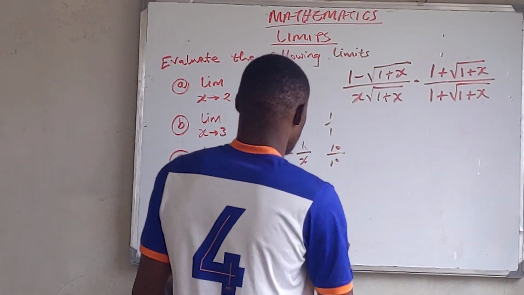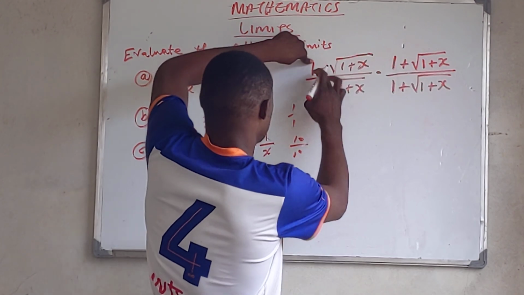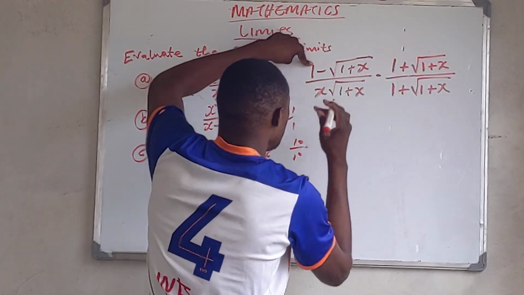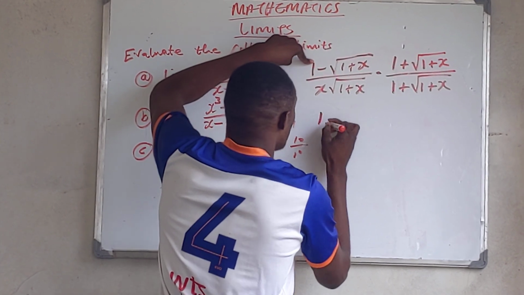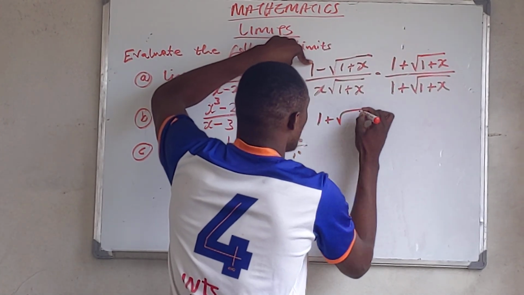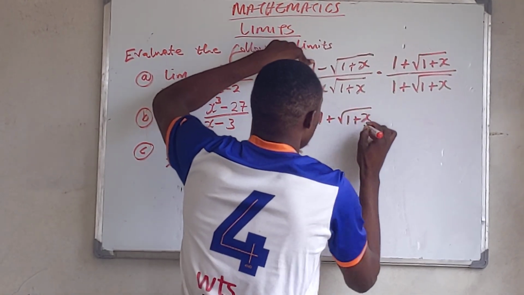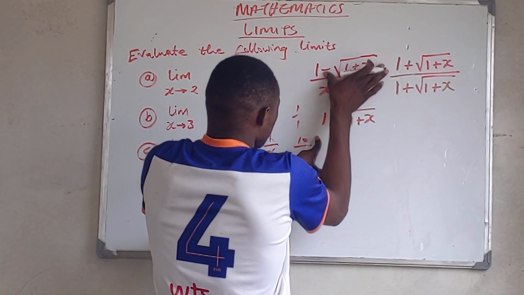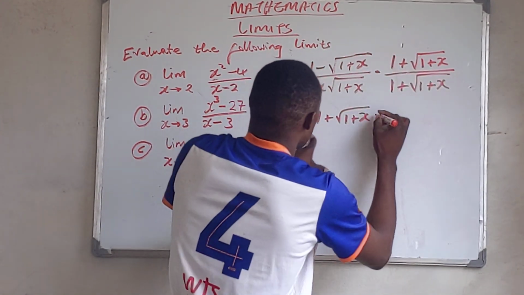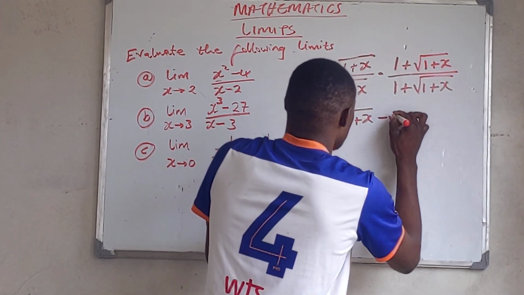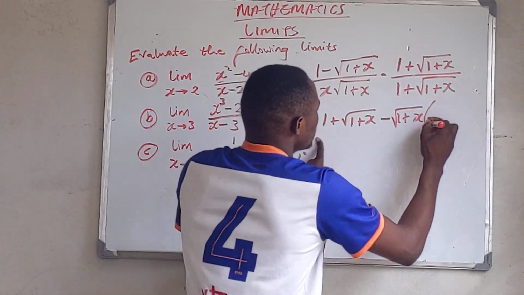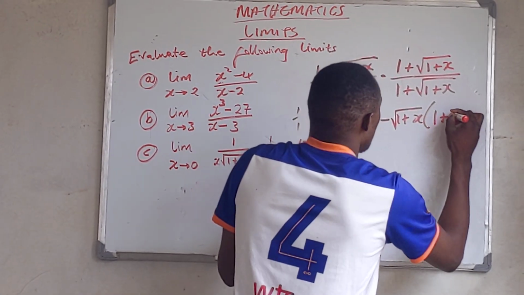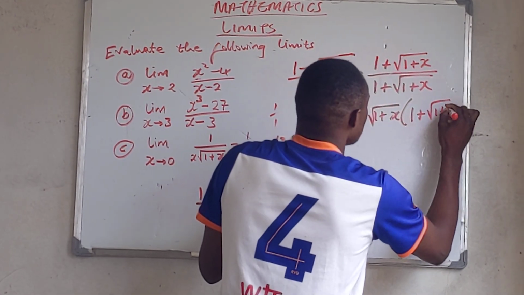So we are going to have this multiplied by everything here, which will be just this. So we'll say we have 1 plus the root of 1 plus x. Then this multiplied by everything. So we'll have negative the root of 1 plus x, open the bracket, 1 plus the root of 1 plus x.